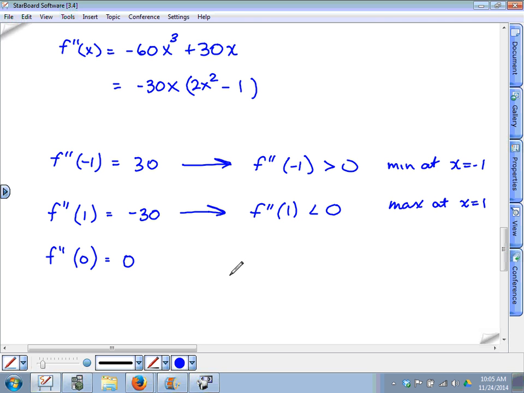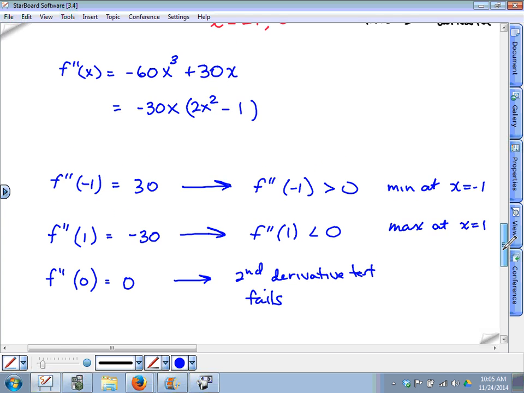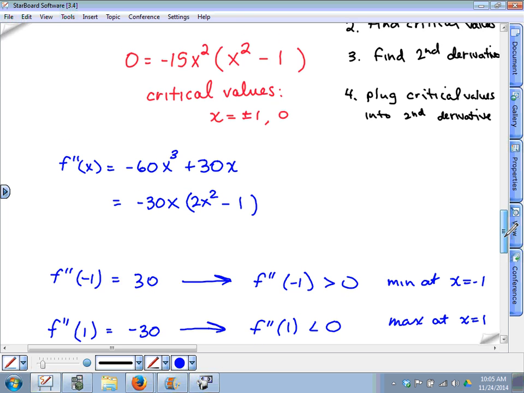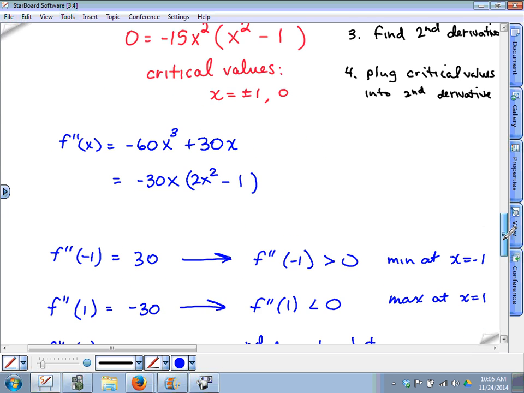It can't equal 0. Okay? So, the second derivative test fails. It's not valid. So we need to go back and use the first derivative test at x equals 0.